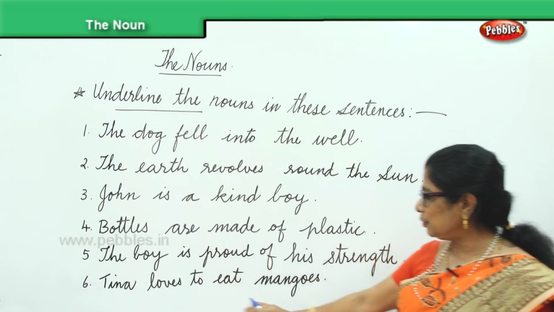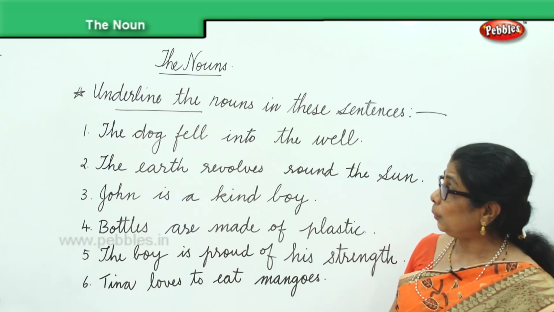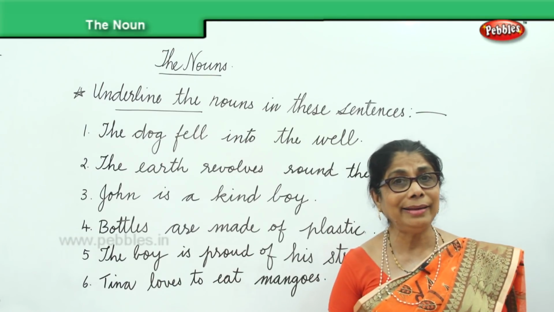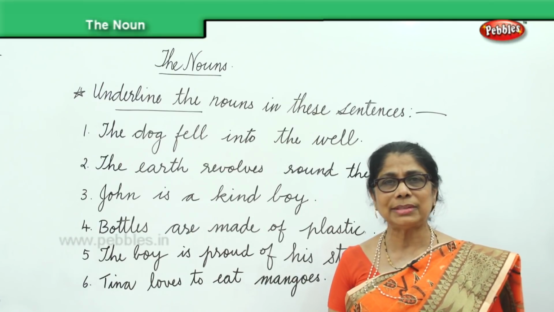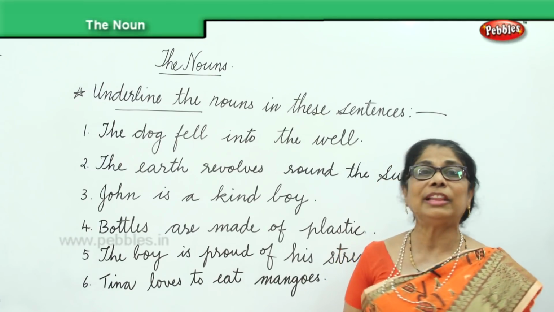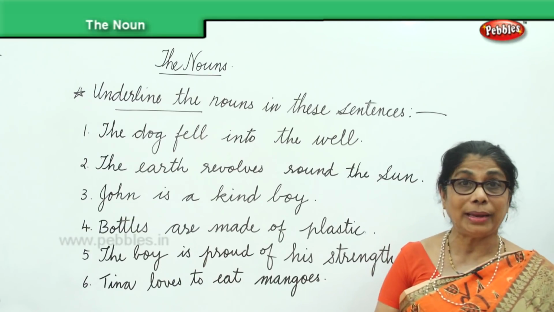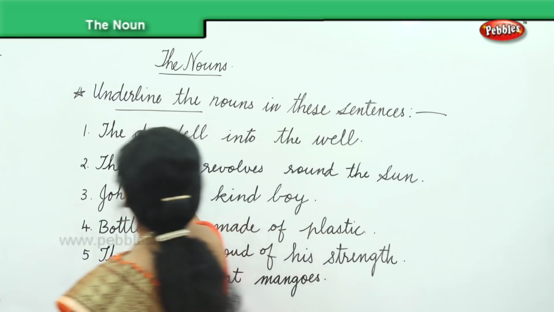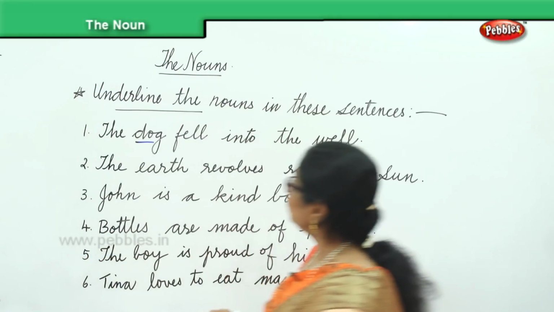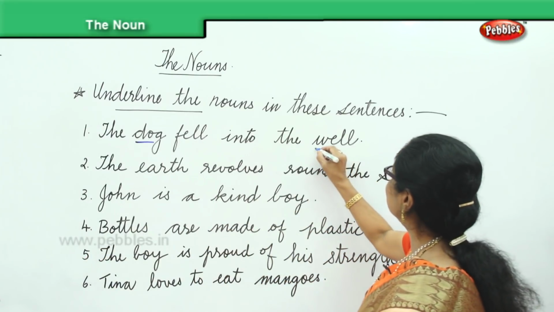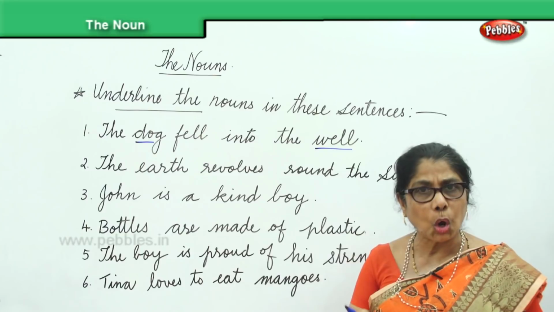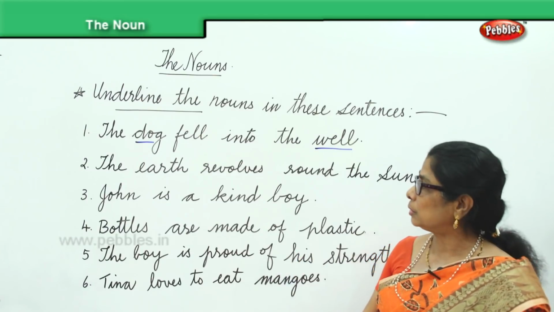Tina loves to eat mangoes. What are we going to do? We are going to underline the nouns in these sentences. Let's look at the first sentence. The dog fell into the well. So where is the noun? The dog is a noun. Then well is a noun. That's very good. Dog, well, both are nouns.